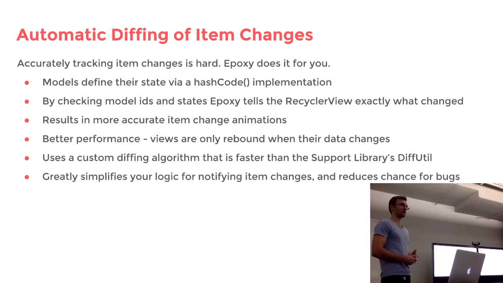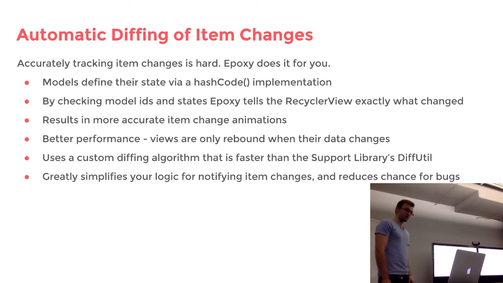So for a given ID, we have our photo ID, and if that URL changed, then we know we need to update the image view with that new URL. Pretty straightforward. For complex views, the hashCode implementation is not so easy, and if you have to implement it manually, that's a lot of boilerplate that we're trying to avoid, so that's a problem. We ended up with an annotation processor to do that for us.